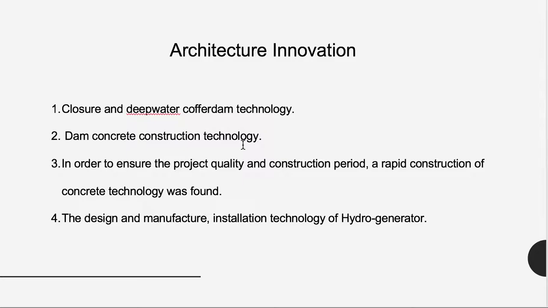In order to ensure the project's quality and the construction period, a rapid concrete construction technology was developed. And the third is the design, manufacture and installation technology of the hydro generator, applying the new generation of hydraulic turbine, stator winding installation, air cooled generator, and evaporative cooling core technology.